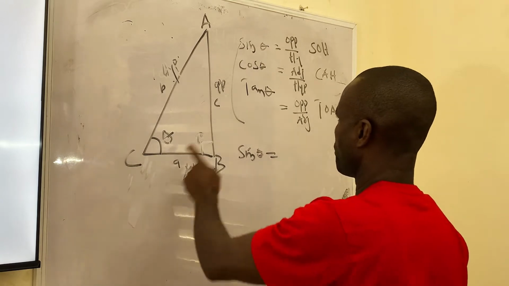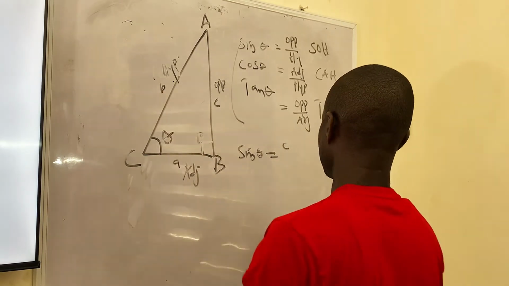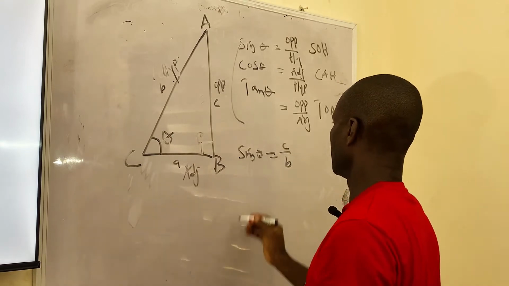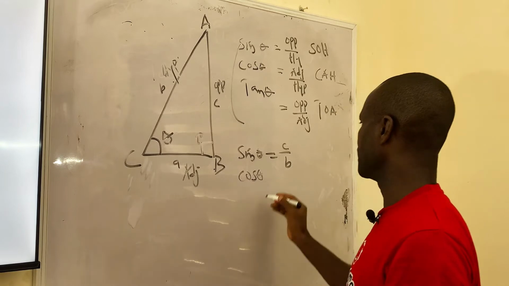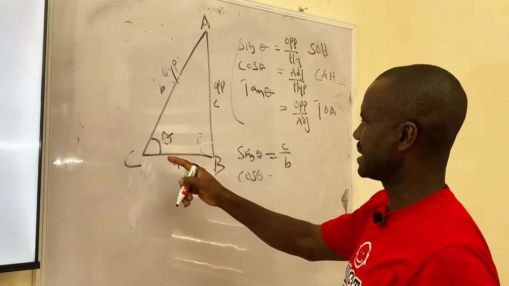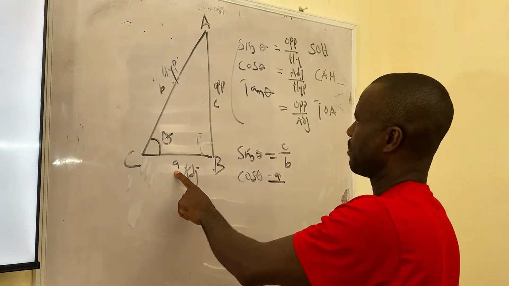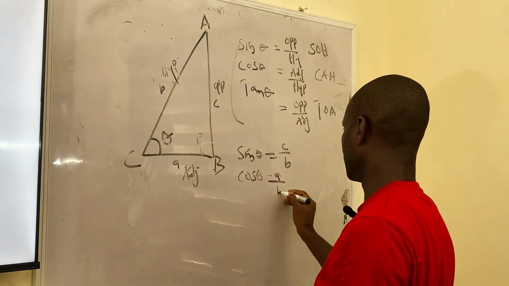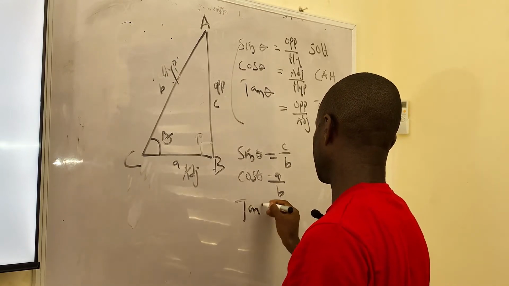So sine theta equals opposite, which is C, over hypotenuse, which is B. Cos theta is going to be adjacent all over hypotenuse. Where is the adjacent? This is the side adjacent to the angle, A, all over hypotenuse, which is B. And the last one, TOA, which is tan theta.